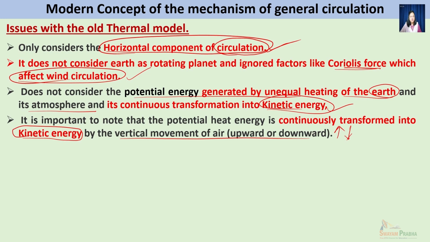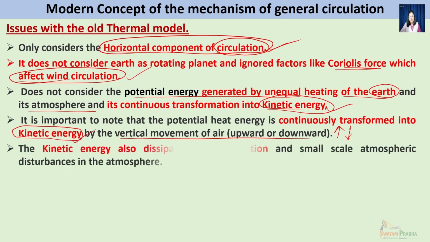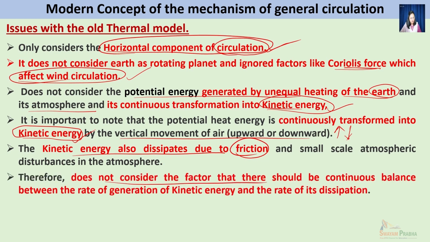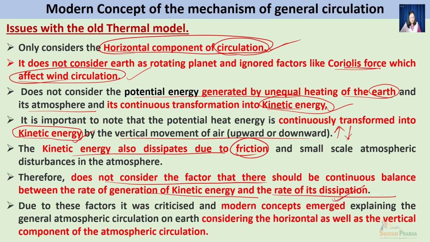Therefore, various associated factors like the existence of kinetic energy, the conversion of kinetic energy, the dissipation of kinetic energy due to friction, all were not considered, which led to a less realistic model of general circulation of the atmosphere. Therefore, it failed to consider that there should be a continuous balance between the rate of generation of kinetic energy and the rate of its dissipation, due to which the model was less realistic.